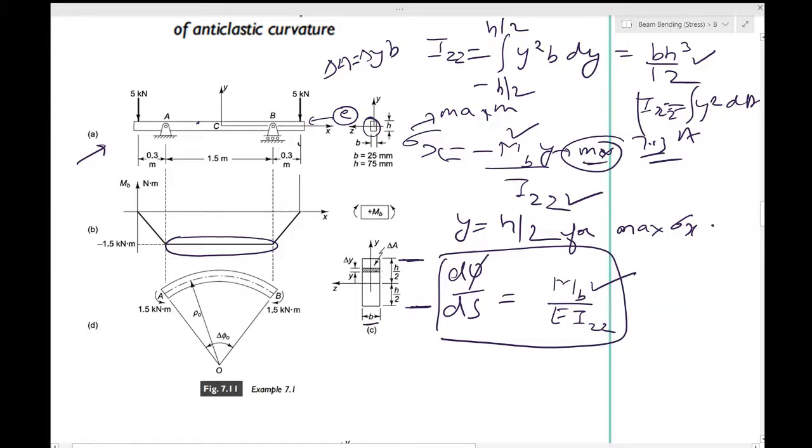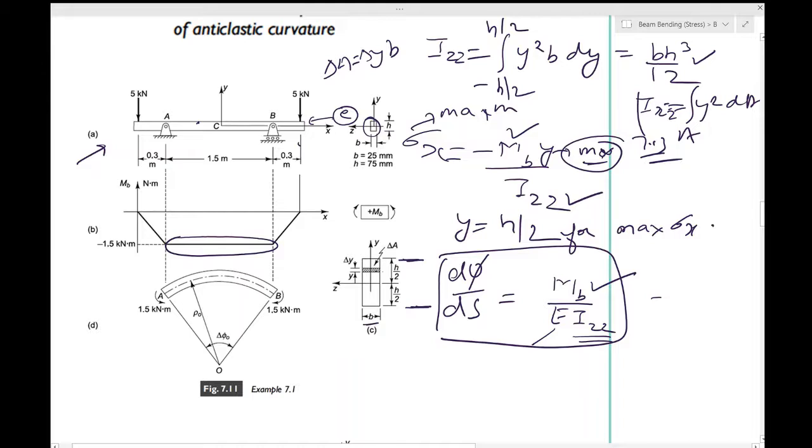And this is something which is given to you for the steel. If it's not given in the question, you will have to look it up from one of the tables and then use this value. So it's given a steel beam, so the material is given, and IZZ is something which you have calculated, so this should give you the angle.